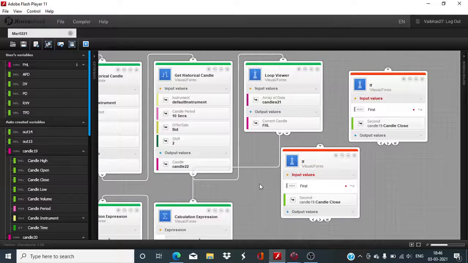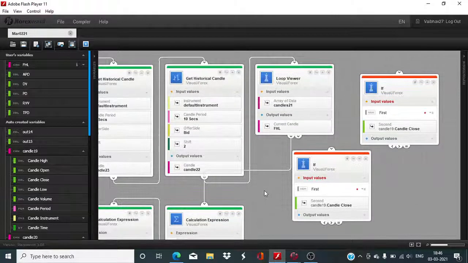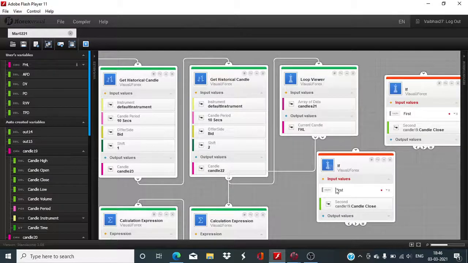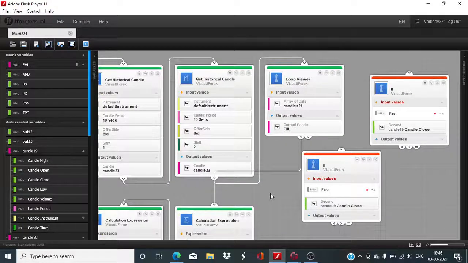So for a buy trade, we want the trade to happen whenever the price starts to rise above the last 15-minute candle. And for that, we will need candle 23's close to be above candle 19's close, whereas candle 22's close should be below candle 19's close.